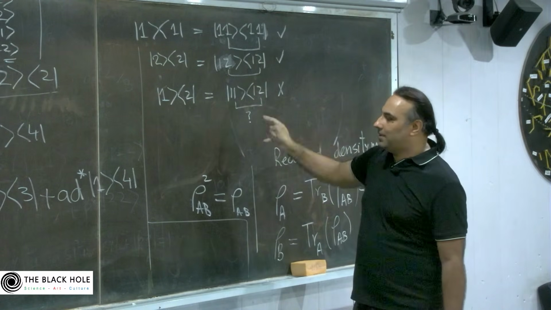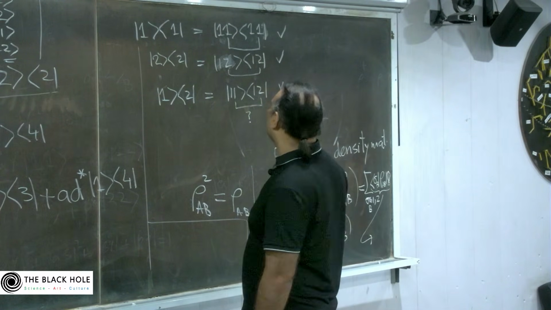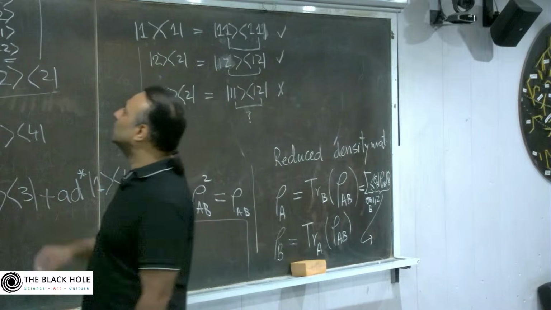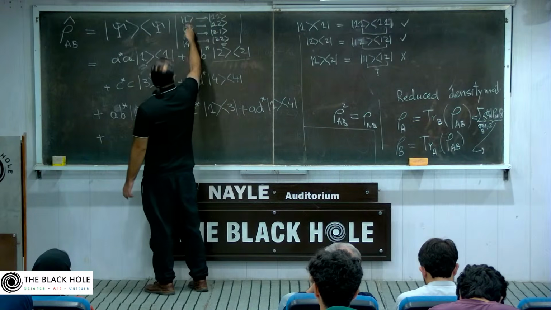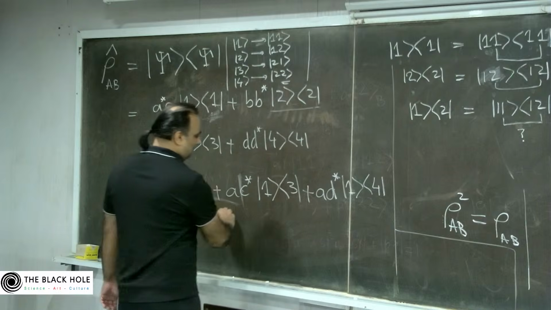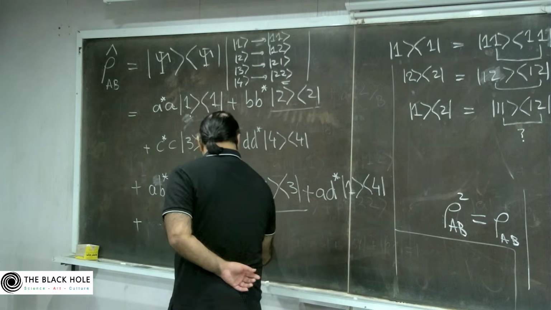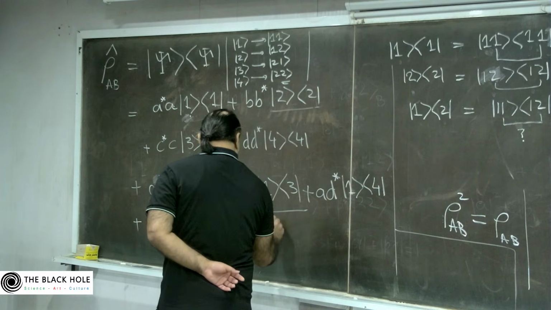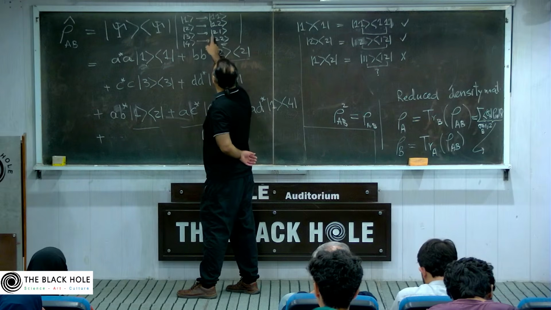This is not contributing, but let's see something else that has this 1 and 2. So this is 1, this is 2, so 1 and 3. So this term has like 1 1 and 2 1.